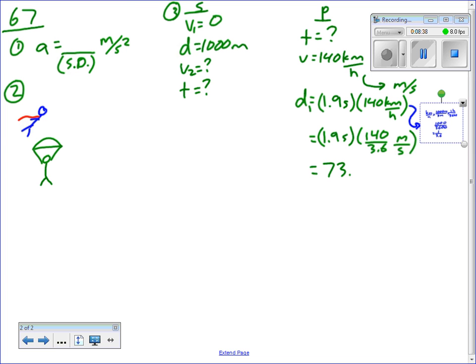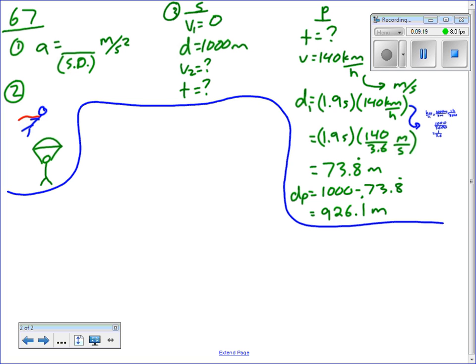I get 73.8 repeating meters, which means the actual distance the parachutist travels, we'll call it sub-parachute, is going to be 1,000 minus 73.8 repeating, which is going to be 926.1 repeating meters. So now we have a distance for the parachutist. To divide things up here a little bit and give us room to do the rest of the calculation.